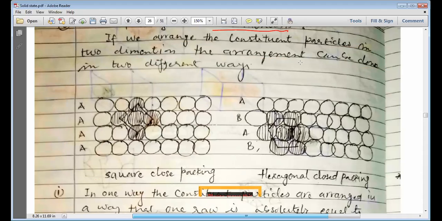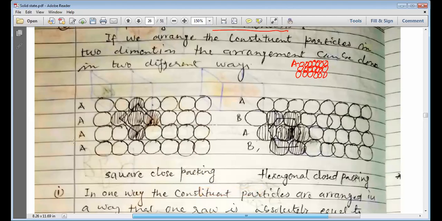See, this is how we arrange them. Suppose this is the A line, then the next line is exactly like the A line. We do not make any changes, and the third line is also similar to the A line.